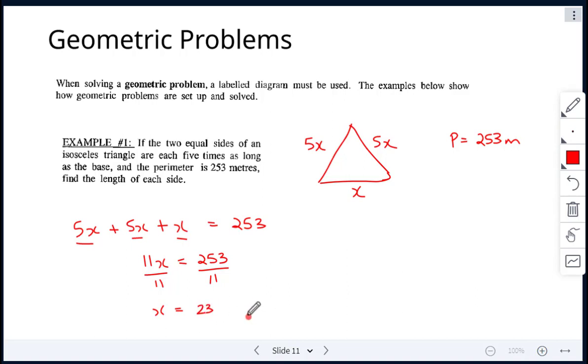We still have to go back and answer the question, find the length of each side. The base is going to be 23 meters, and the other 2 sides are 5 times x, so 115 meters. So the sides are 23 meters, 115 meters, and 115 meters.